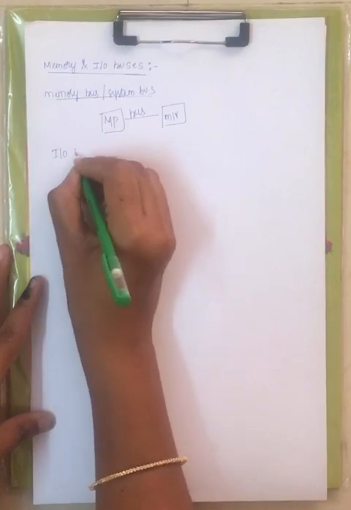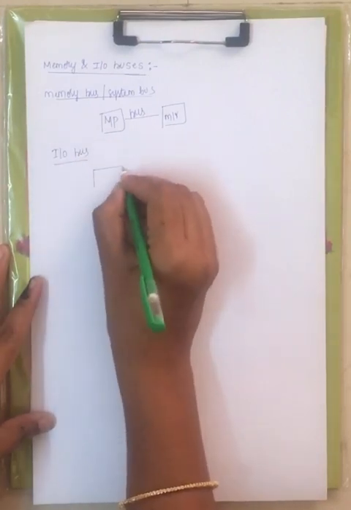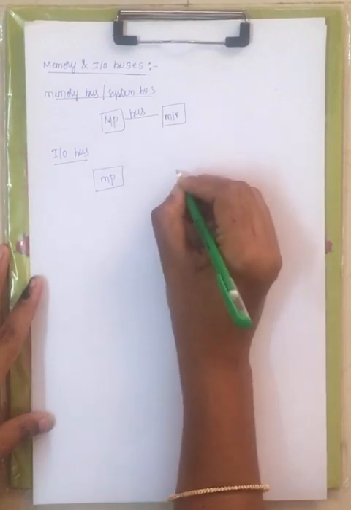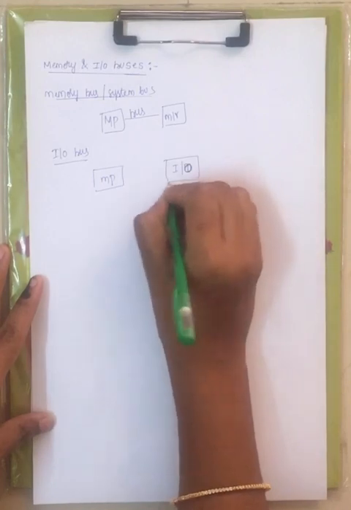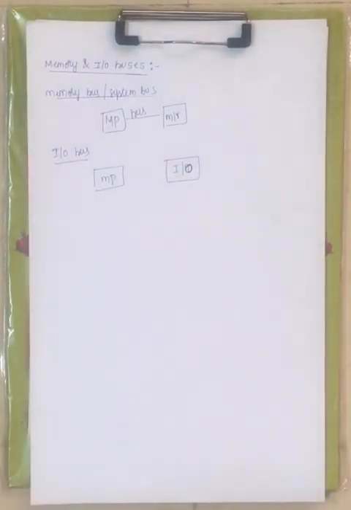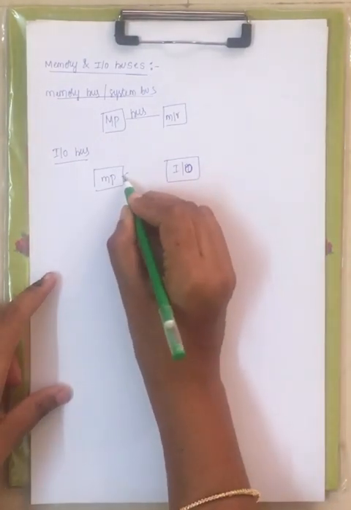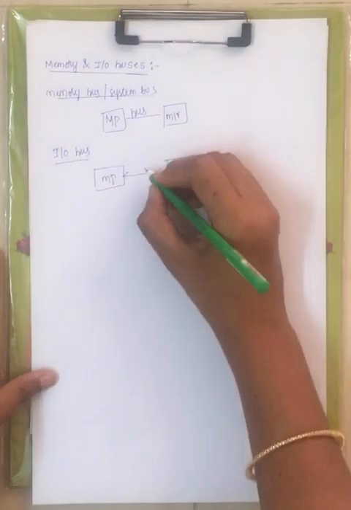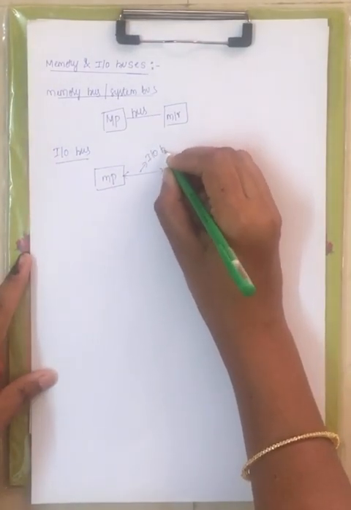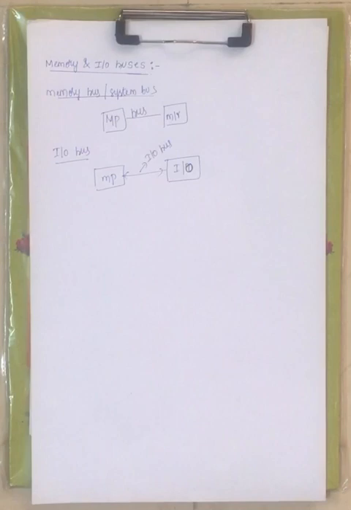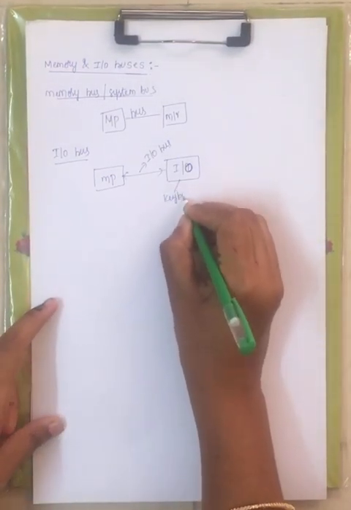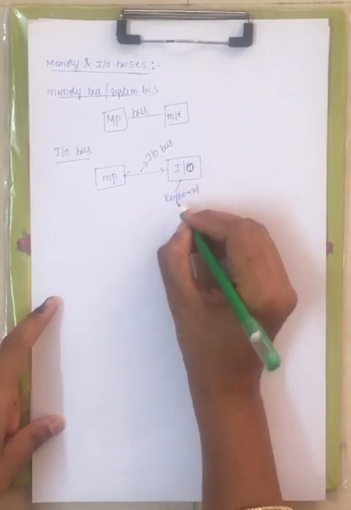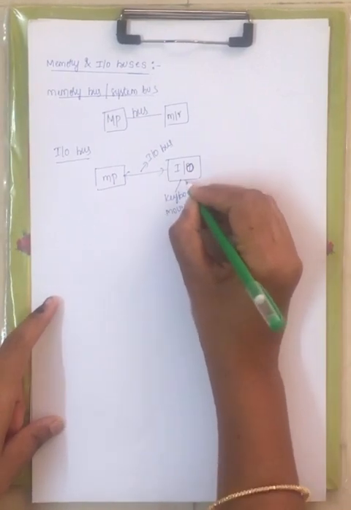Next we have the IO bus, the input output bus. We have a microprocessor, and this can be connected to an input device or output device, an IO device. IO buses are responsible for connecting the peripheral devices to the microprocessor. This we call the IO bus, which makes a connection between your microprocessor and input output devices like the keyboard, through which you are providing input, and similarly the mouse.